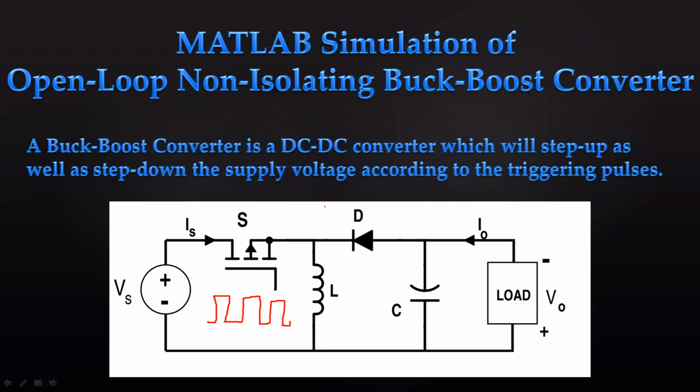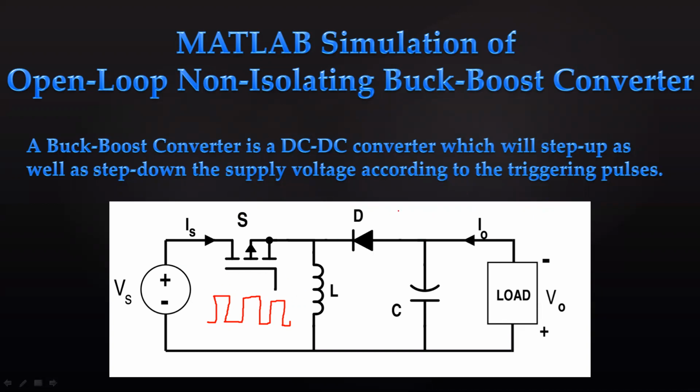So MOSFET and IGBT do not require any external circuit to turn off, right? So it is a DC to DC buck boost converter. So it will step down as well as step up according to the gate pulses, right?